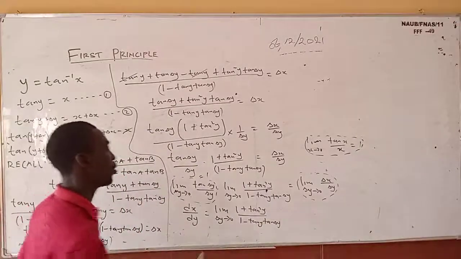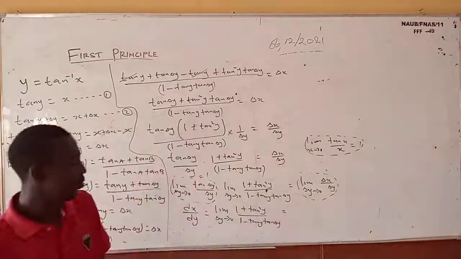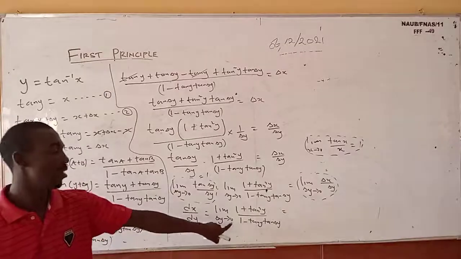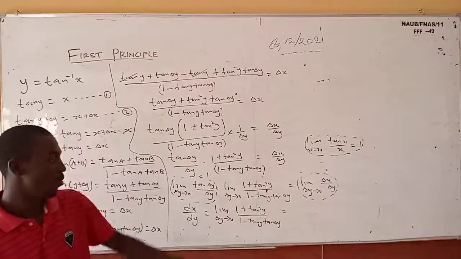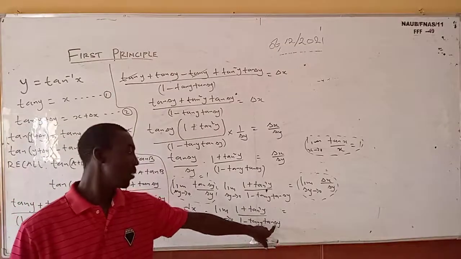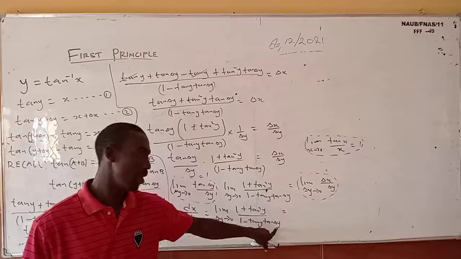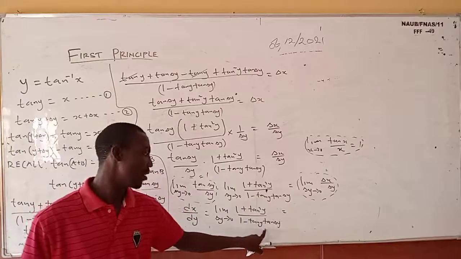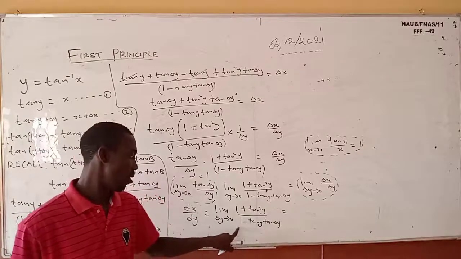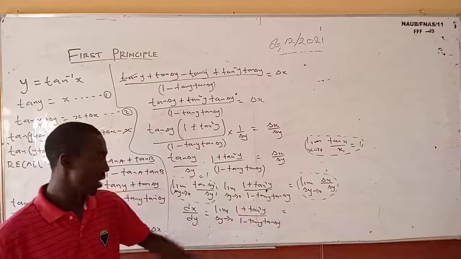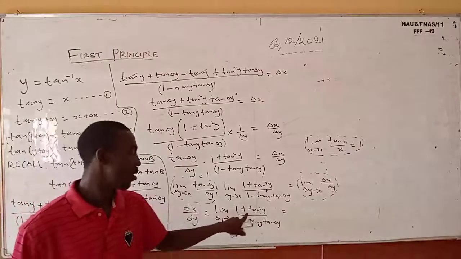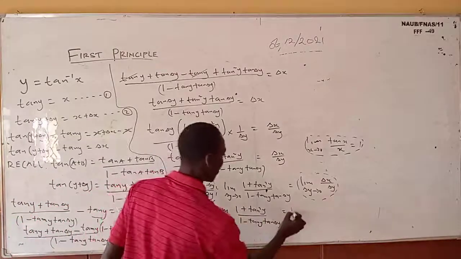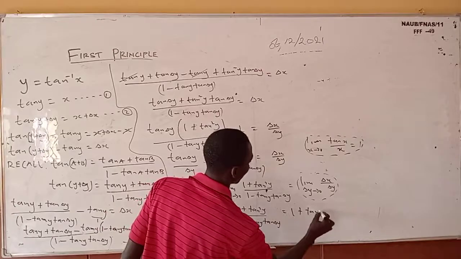You get that? Now anywhere I see change in y, I'll replace with 0. So if I put 0 here, I'm going to have tan 0. Press your calculator. Tan 0 is 0. 0 multiplied by tan y is still 0. 1 minus 0 is 1. And 1 plus tan square y over 1 is still 1 plus tan square y.